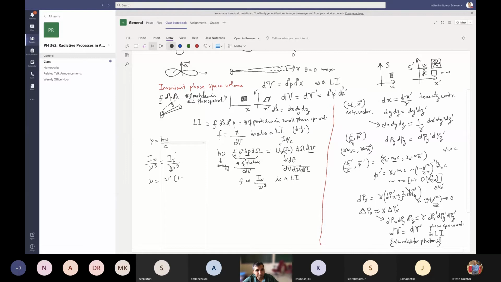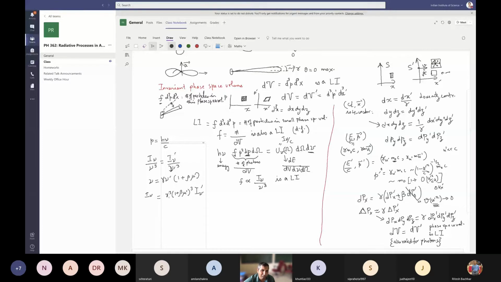And we know that nu is equal to nu prime gamma times 1 plus beta mu prime. This is just the Doppler formula, right? So let me write it slightly differently: I nu is equal to nu by nu prime cubed, which is gamma times 1 plus beta mu prime cubed, times I nu prime.